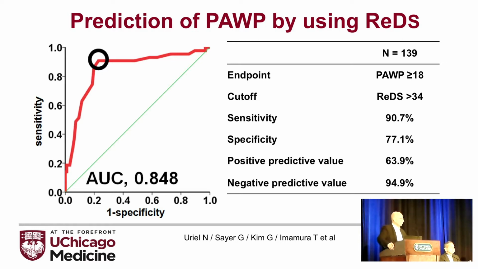But more important, when we're speaking about point of care, that soon my colleague here is going to discuss, it gives us a negative predictive value of 95%. Meaning if I have a ReDS that is below 35, in 95% of the cases I can say this patient also doesn't have an elevated filling pressure in the pulmonary capillary wedge pressure.